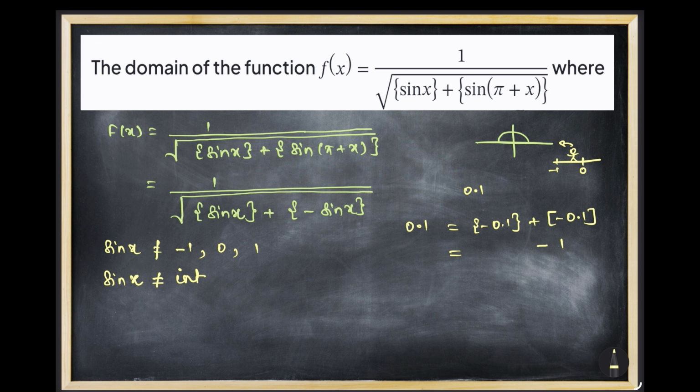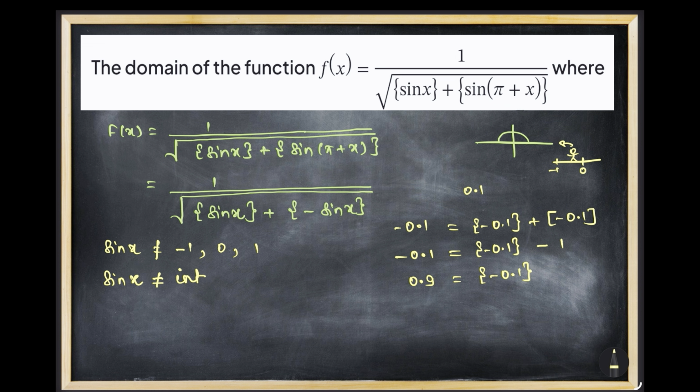Here is x. Now this minus 1 will come this side, and this minus 0.1 will come this side, so it will become 0.9. So the fractional part of minus 0.1 is this.